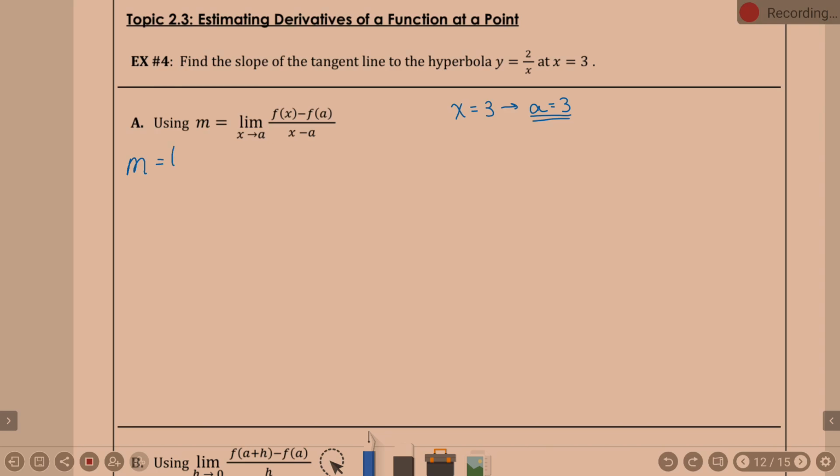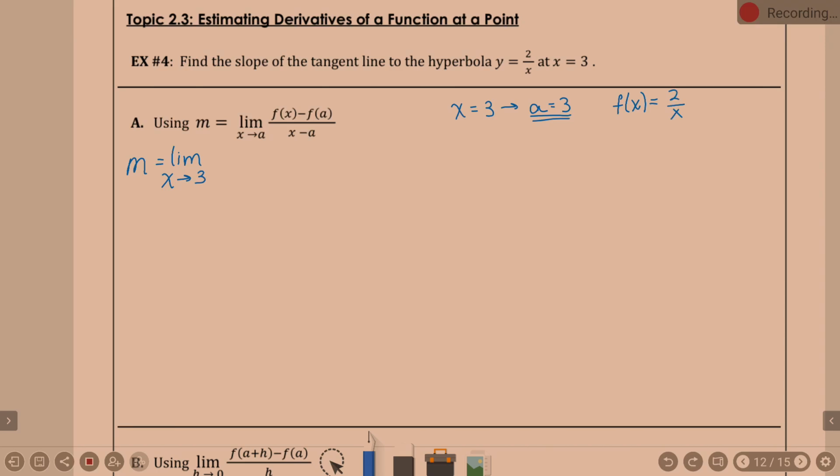The limit as x approaches 3. I started to say 1. I'm stuck on the last problem. 3. Yes? Okay. F of x. What is f of x? Just f of x is 2 over x.